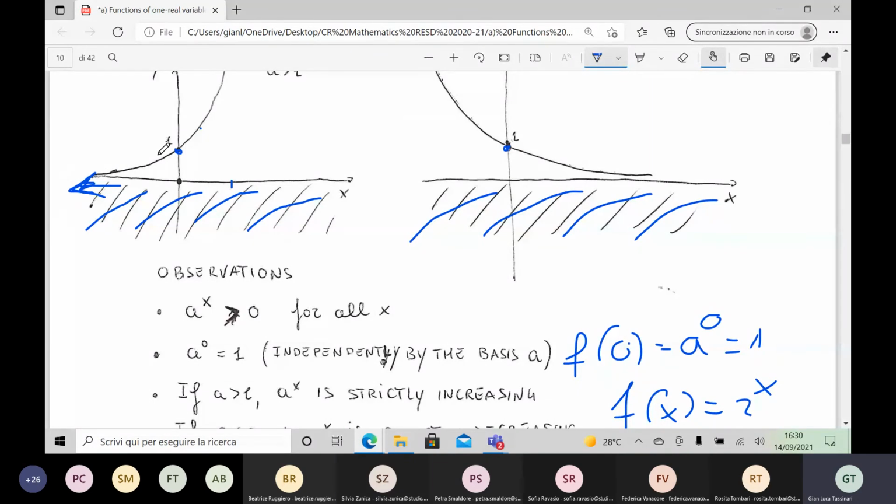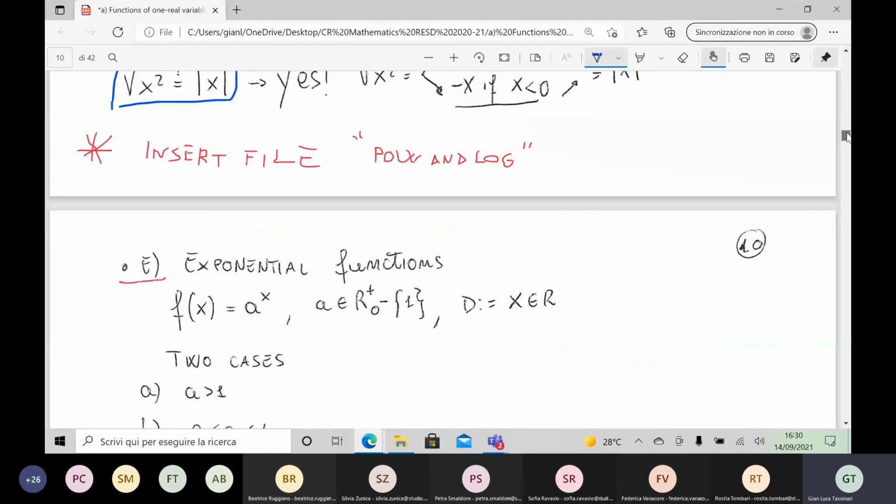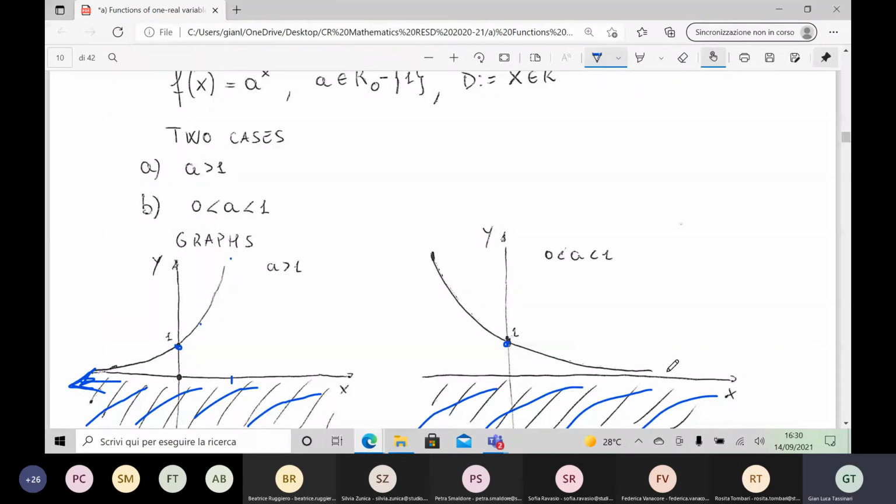If you try to make the same experiment with the numbers that we did together, you will see a complete opposite situation when the basis is a number between 0 and 1. Suppose, for example, that your basis is 1 over 2, and you want to evaluate your function when x is equal to 100.